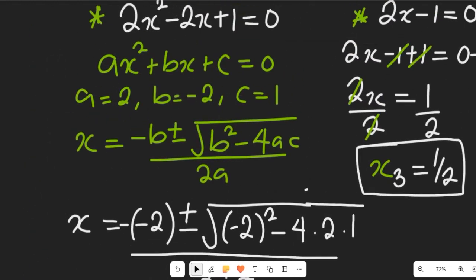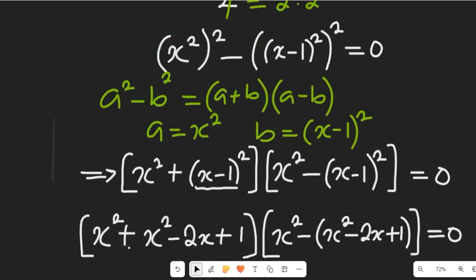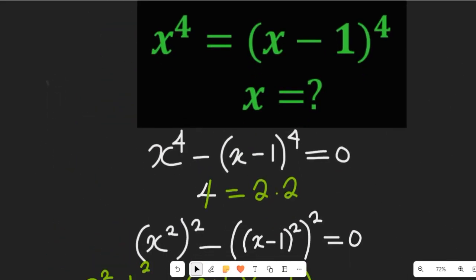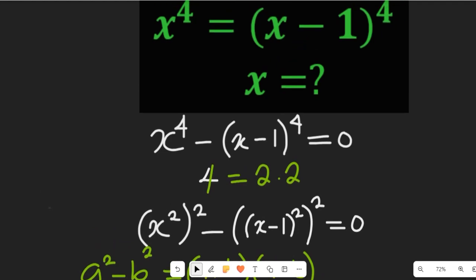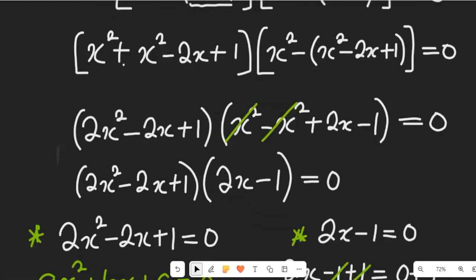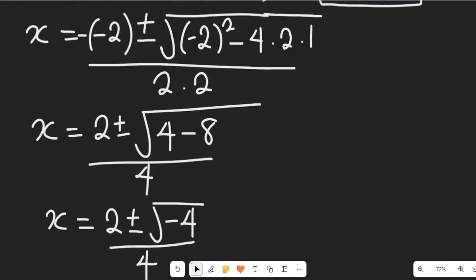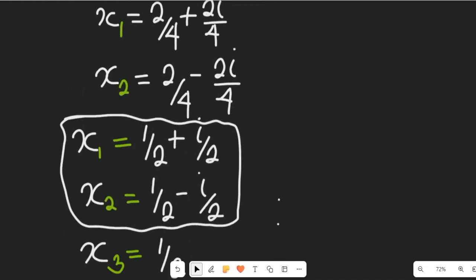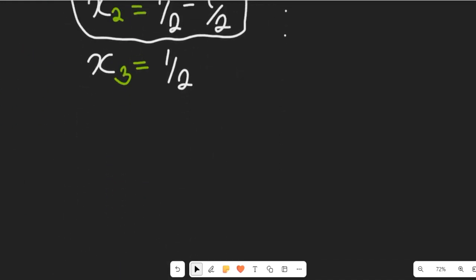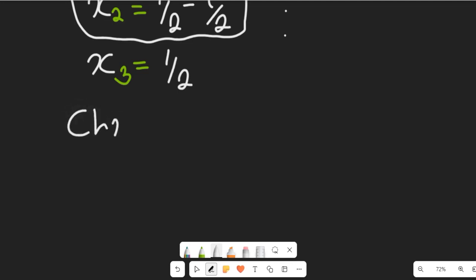From the initial expression we are given that x to the power of 4 is equal to x minus 1 all to the power of 4. So let's check if these solutions will give us that. Let's check with the value of our x equal to 1 divided by 2.